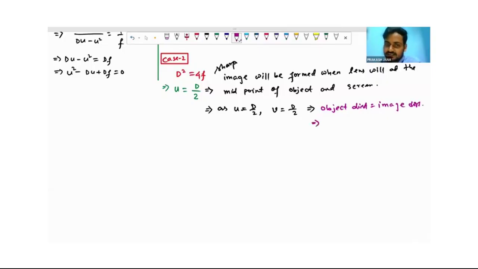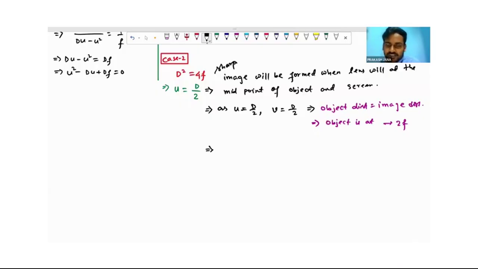When we find this scenario, when the object distance becomes equal to image distance, the object is at a distance 2f, that is twice the focal length, isn't it? When the object is at 2f, the image is also formed at 2f. So the object is at 2f distance, correct? Fine. We can also conclude one more thing. What do we see in this case?